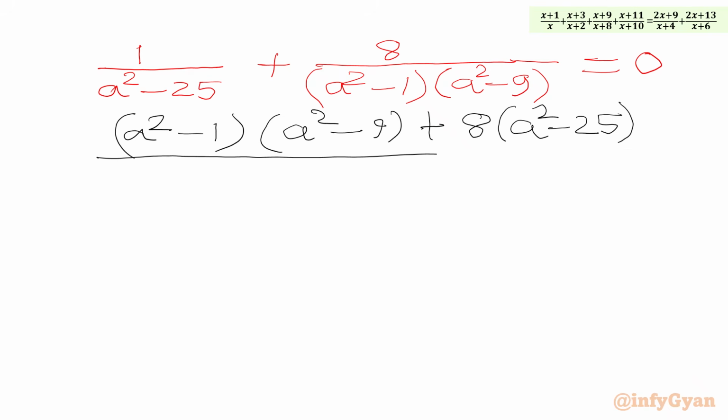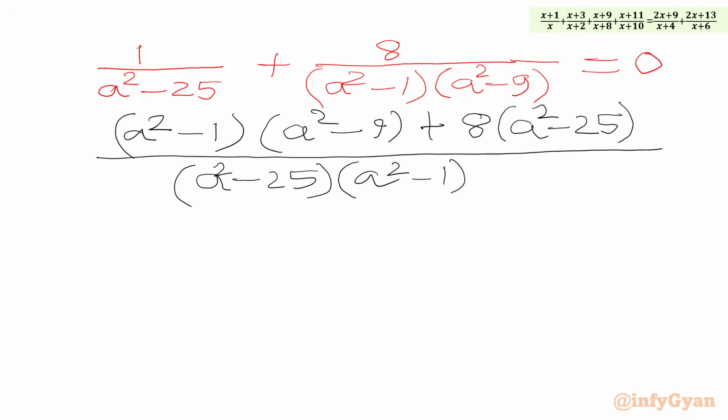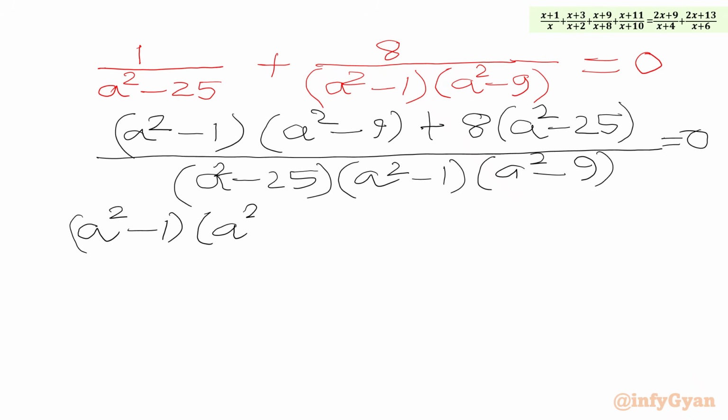And in the denominator, we will write a square minus 25 times a square minus 1 times a square minus 9. So from this equation, the numerator must be equal to 0. So a square minus 1 times a square minus 9 plus 8 times a square minus 25 equal to 0.